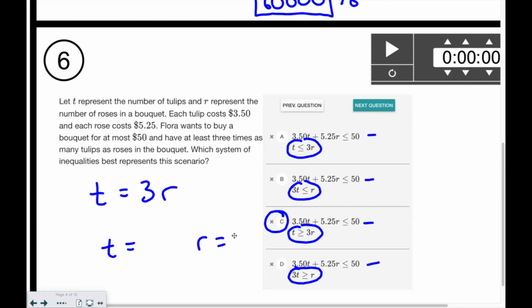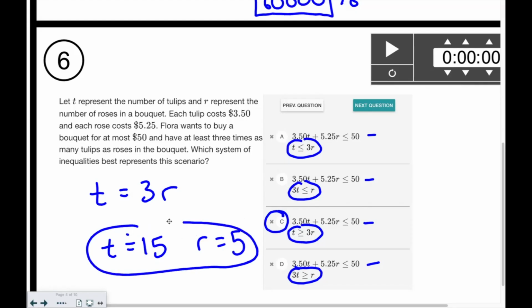So you can see the roses is what gets multiplied by 3 to get the number of tulips.